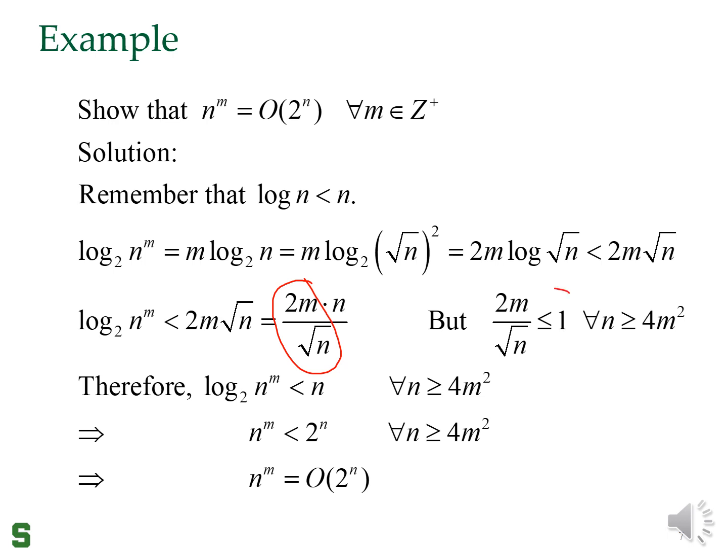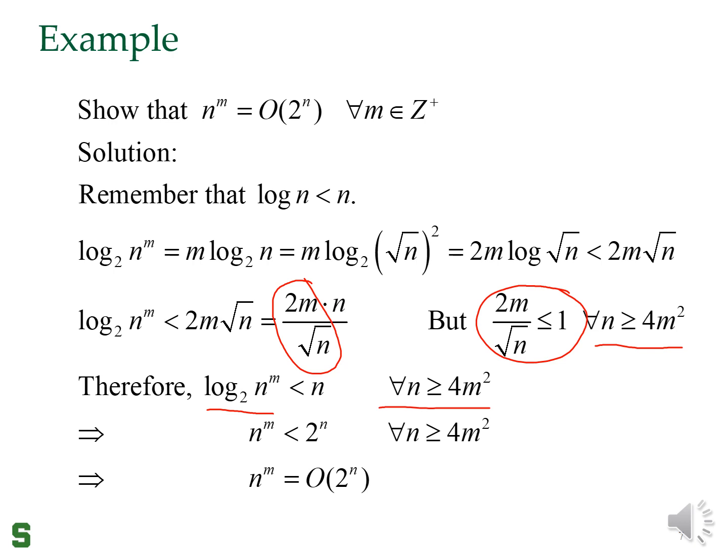I'm going to observe that this is less than or equal to 1 if I choose n to be large enough. Note that m in this example is a constant, n is variable. So if n is large enough, I know that 2m divided by square root of n is less than or equal to 1. So I can write log of n to the power m to the base 2 is less than or equal to n when n is large enough, where n is greater than or equal to 4m squared.